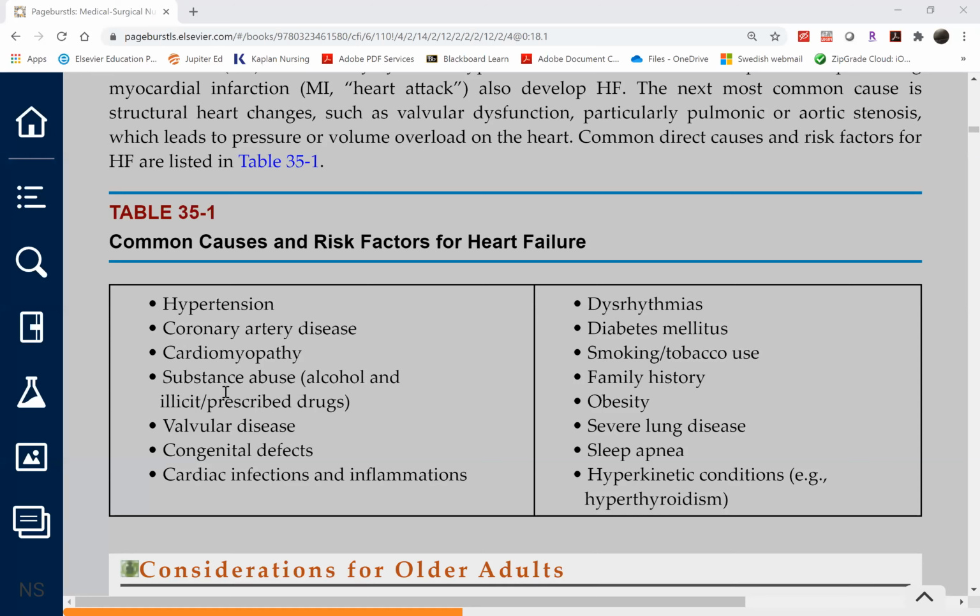And these are the causes. So when you see heart failure, there are one or more of these conditions that led to it. This is not an all-inclusive list. The list is longer than this, but these are the common causes. So hypertension, because what happens to your afterload when you have hypertension?